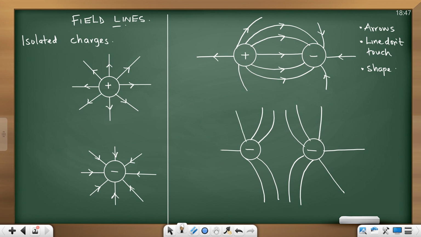Don't draw too many. The lines here, whether positive or negative, they'll have the same shape. The difference will just be the arrow. Since it's negative, we're talking about inwards. If it were positive, the same shape, we are only going to draw outwards.